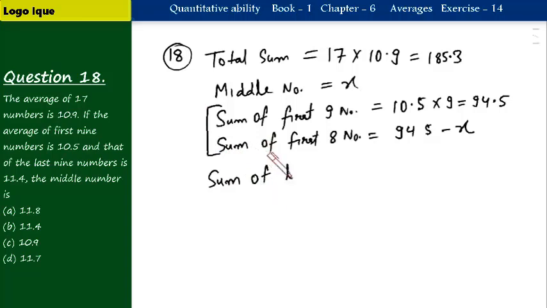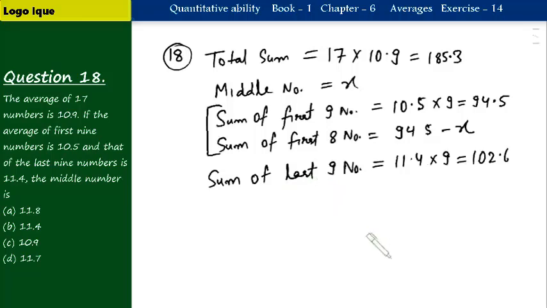Now the sum of the last 9 numbers: the average of the last 9 numbers is 11.4, so it is 11.4 into 9. This will be equal to 99 plus 3.6, so it is 102.6. Now remember, out of the last 9 numbers, the first number will be the middle number. You can count.